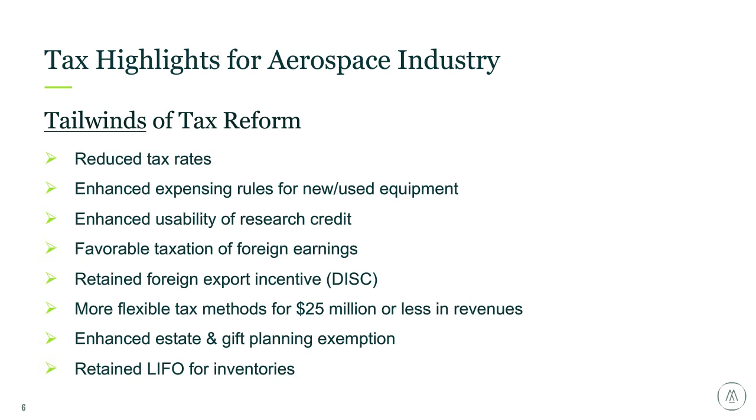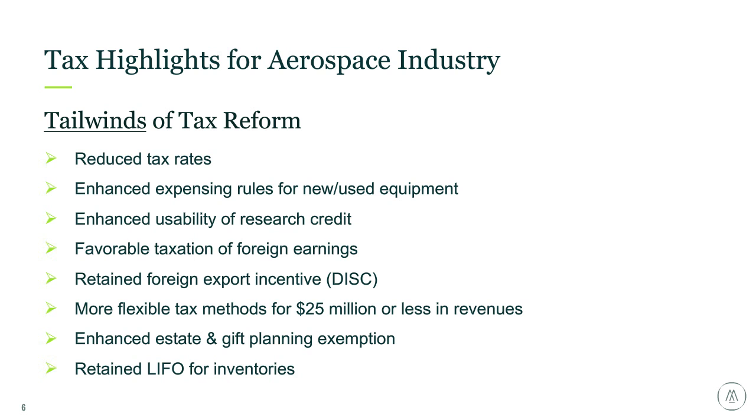It did not go away with the tax reform, which was fantastic. The only thing that did occur was that because the individual tax rates and the corporate tax rates went down, the permanent incentive did diminish, but a permanent difference is still very valuable, and there is a lot of value still with the DISC.